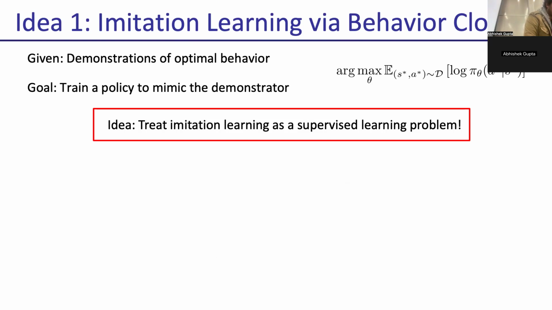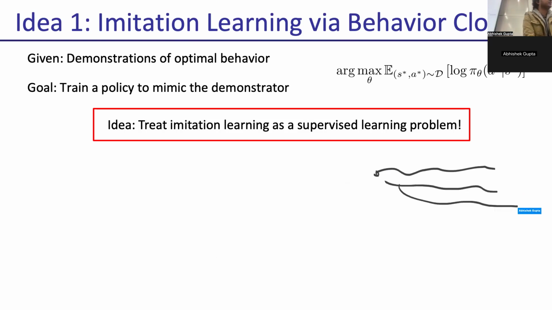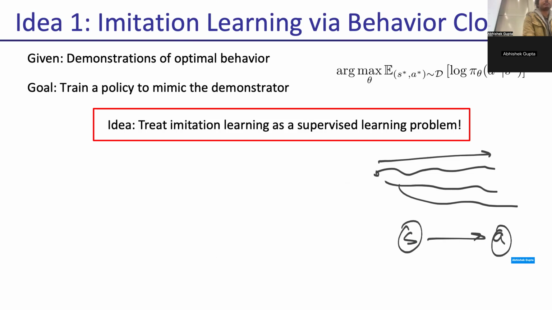Now, the way we're going to do it is we're going to treat it as a supervised learning problem, right? The expert is going to execute entire trajectories in the world. Then we take those trajectories, which are sequences of states and actions, break them up into chunks of state, action, state, action, and try to learn the mapping that replicates going from state to action. You want to find the parameters that, when fed in a state, produce the action with high probability.